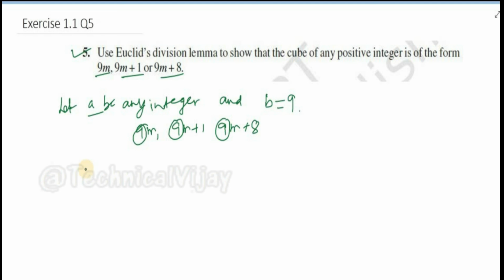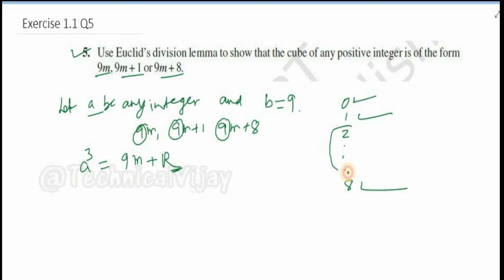Now as per the given question, the cube of any number is equal to a multiple of 9 times an integer plus a remainder. Here the remainder may be 0 to 8, but we have to show that we will get only 0, 1 and 8.